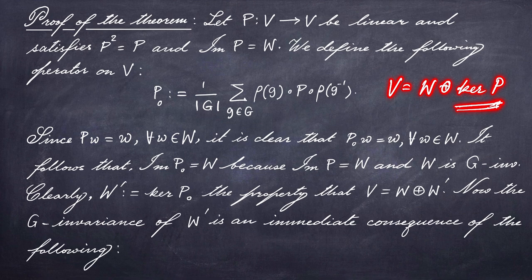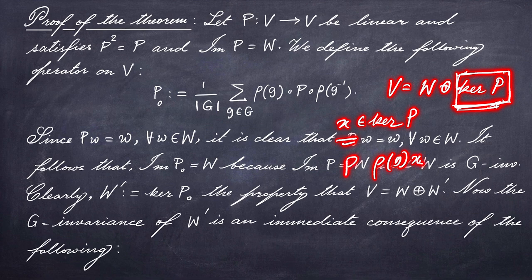So let's try to see what are the obstructions for this to be G invariant. That's actually easy to see: if we take x from the kernel of P, and we want to show that rho G x also lies in the kernel of P, that means we have to show this is 0, but there is no guarantee that this is going to be 0.